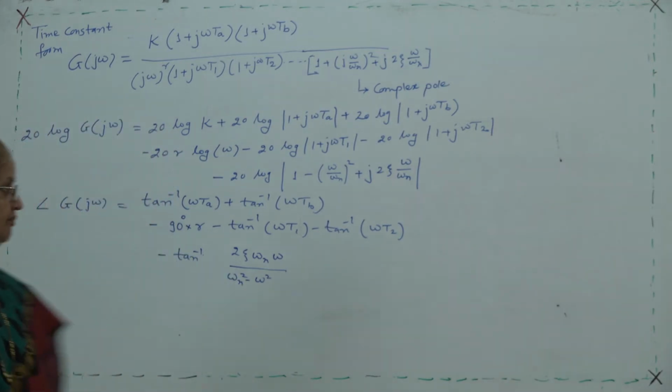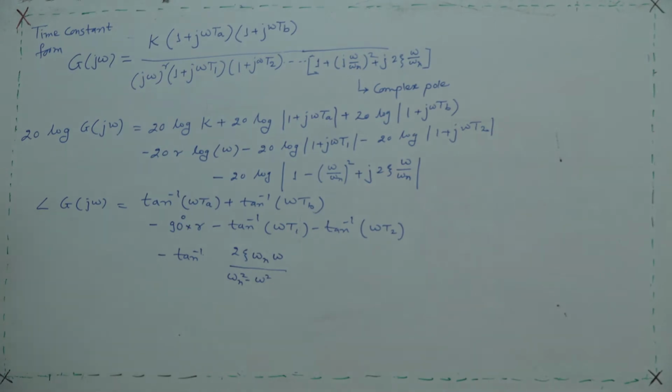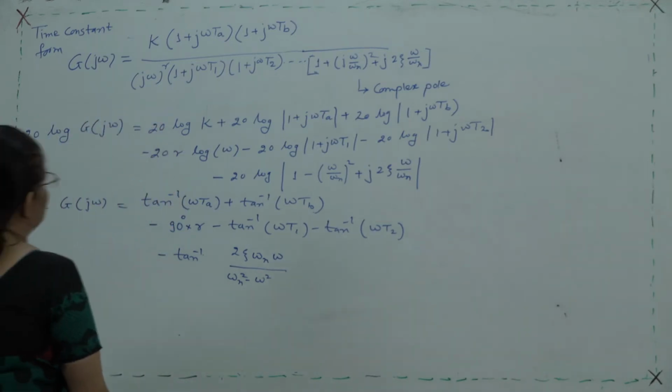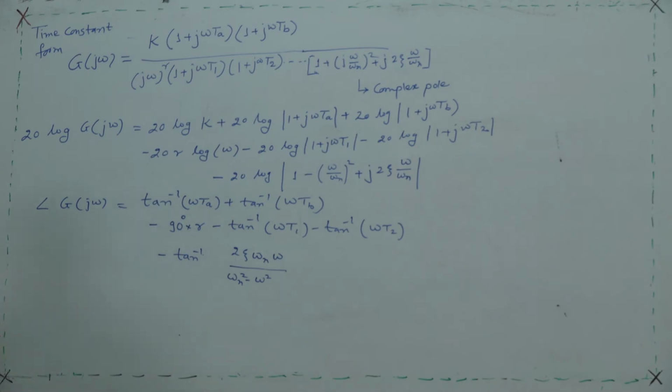So, I think it is clear now how we have considered. Now, to consider how to draw the Bode plot, what we have to consider is that separately you see all the terms and how to draw them. So, which are the various terms which we are considering?